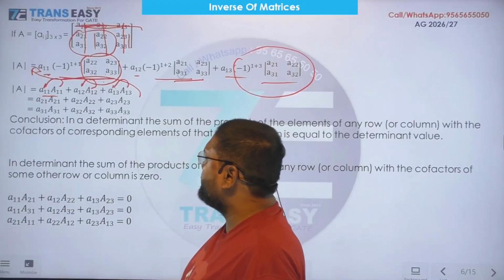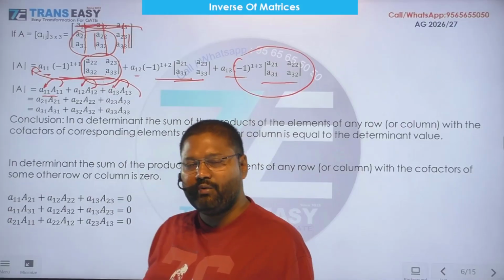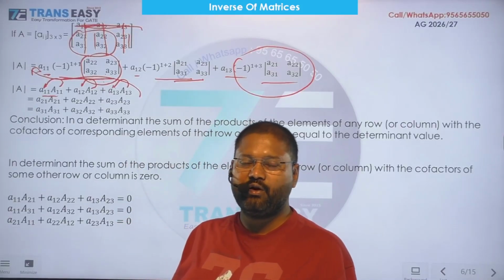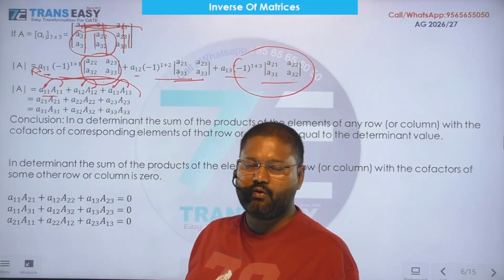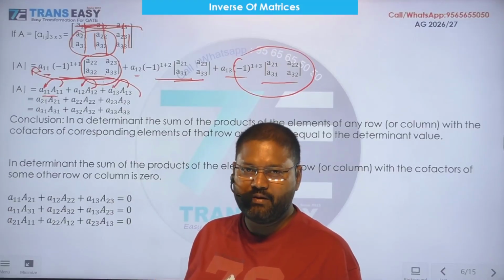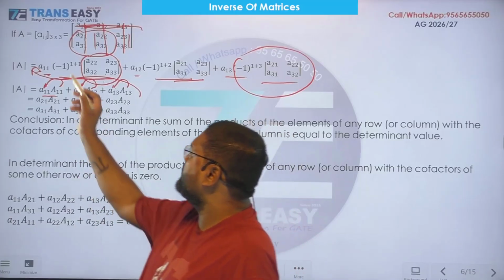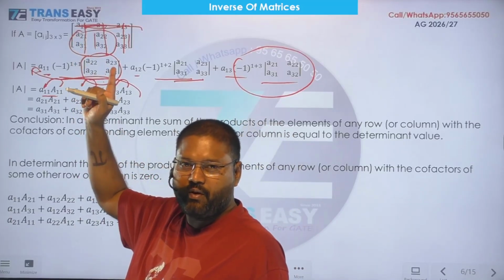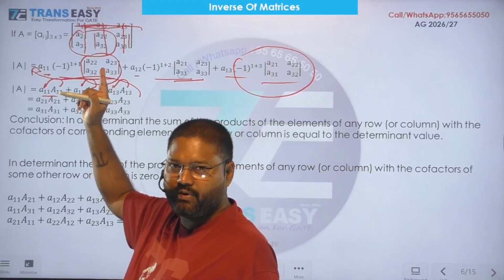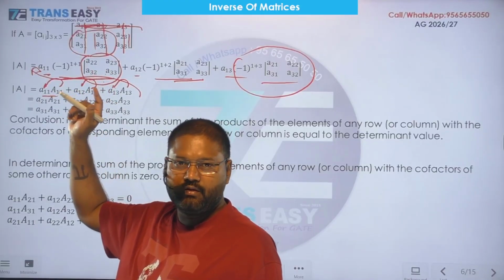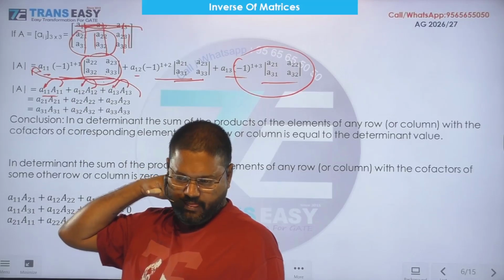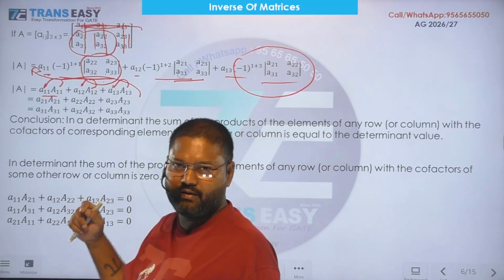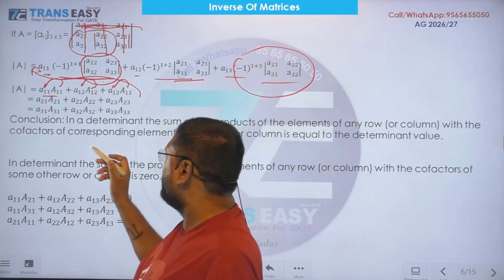Dear friends, we can find the value of determinant by expansion along second row elements also. A21 into -1 raised to the power determinant obtained by leaving elements lying on the line passing through this element, right?